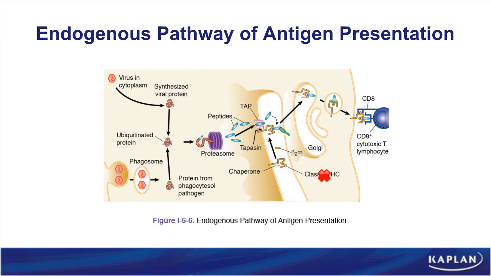If there is no class 1 MHC, we cannot get the positive selection of CD8 positive T cells. So the downstream effect of having a TAP mutation is that you have a class 1 MHC deficiency and you wind up having a deficiency of CD8 positive T cells.